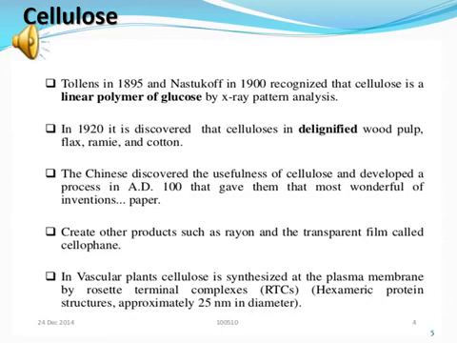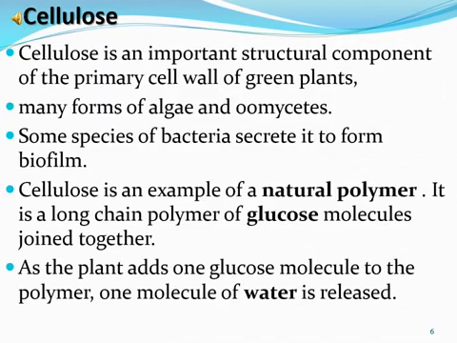In vascular plants, cellulose is synthesized at the plasma membrane by rosette terminal complexes. Cellulose is an important structural component of the primary cell wall of green plants.